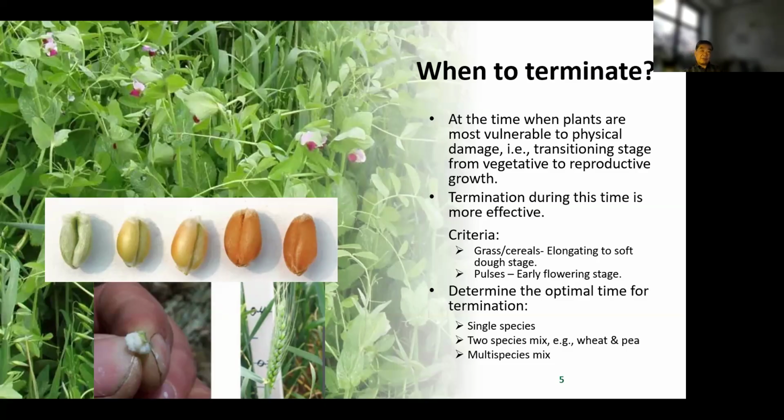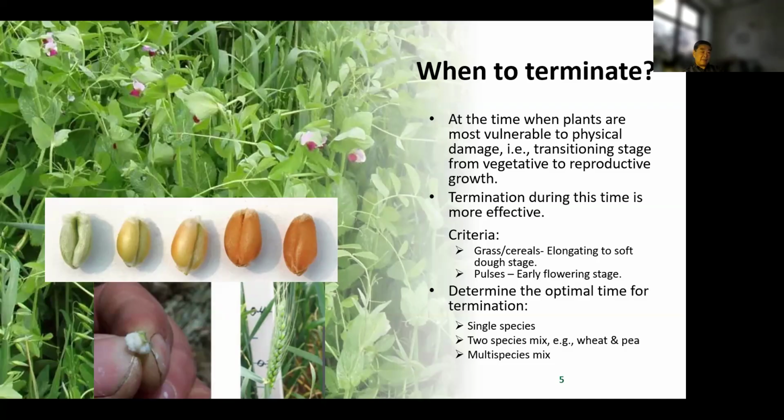And the criteria for terminating grass cereals: when they start to elongate, the plant starts shooting up. That time is very vulnerable, up to the soft dough stage.